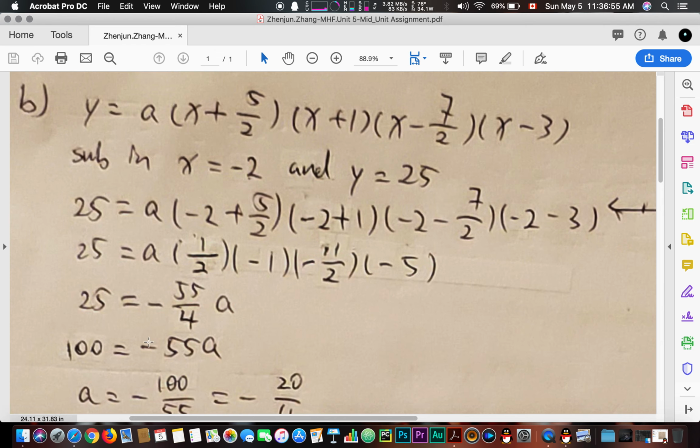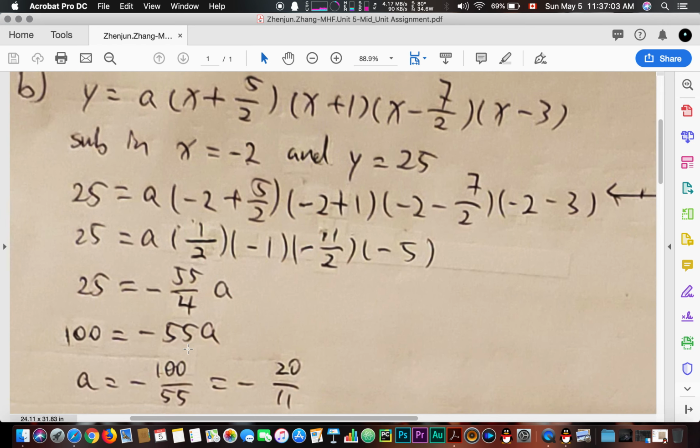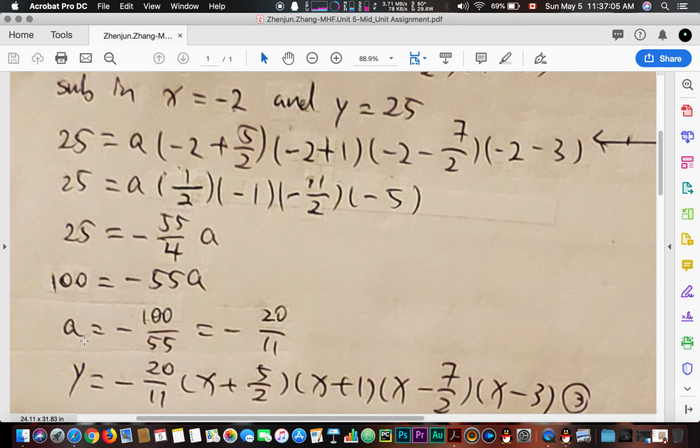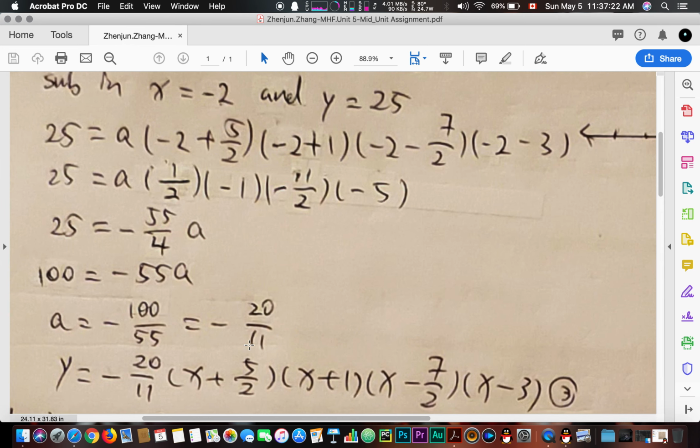So we have our 4 go there, and then we keep our negative here, which is 100 equals negative 55a, and therefore we have a equals negative 100 divided by 55, which is equal to negative 20 over 11.